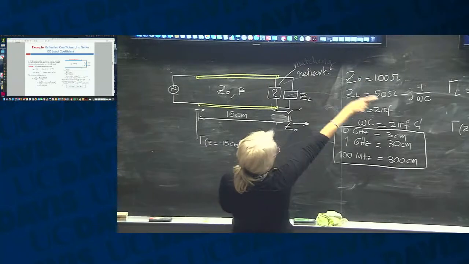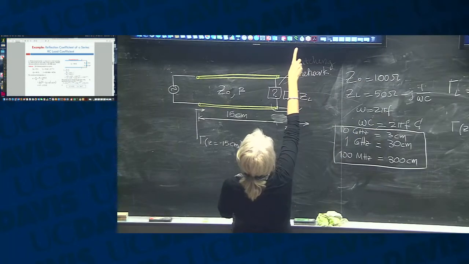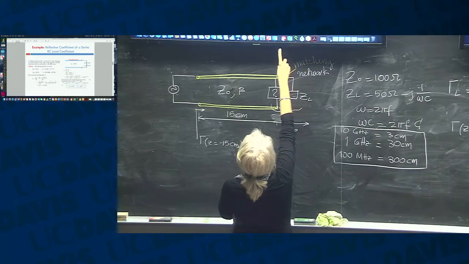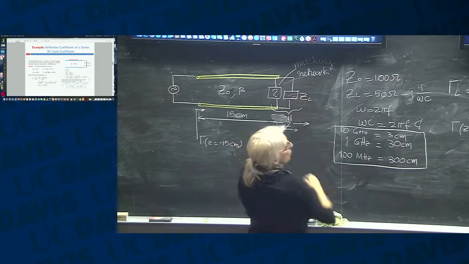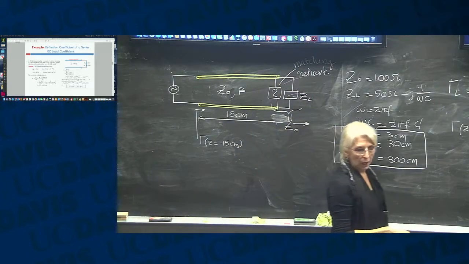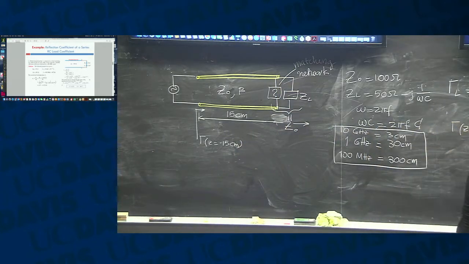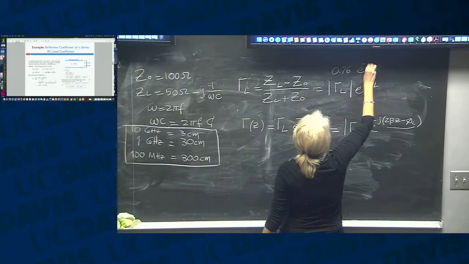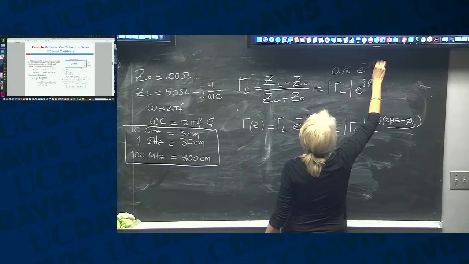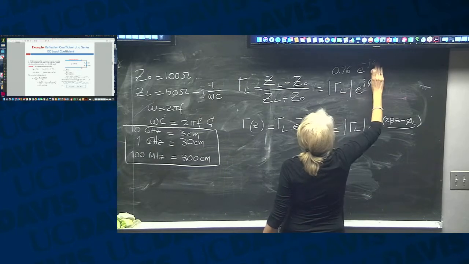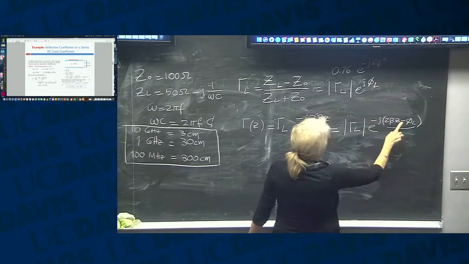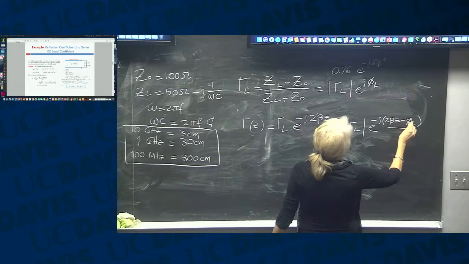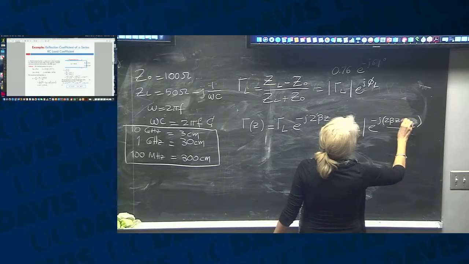Phi sub, well, I call phi sub L, theta is minus 61 almost. Gamma magnitude was 0.76. All right? So I will write here 0.76 e to the minus j 61, say, 61 degrees.